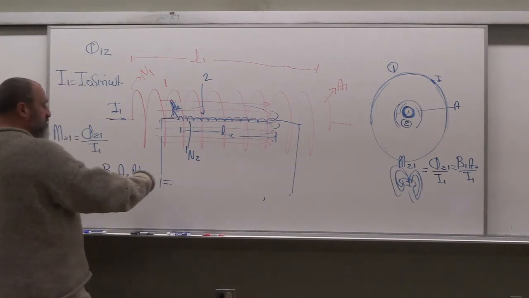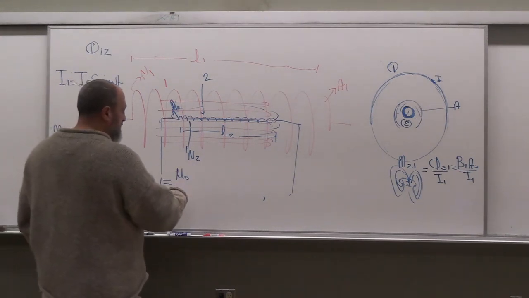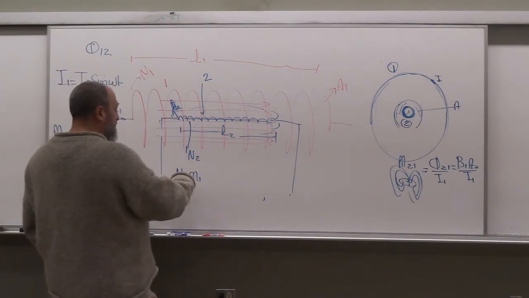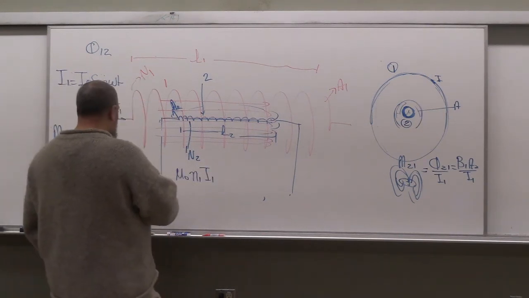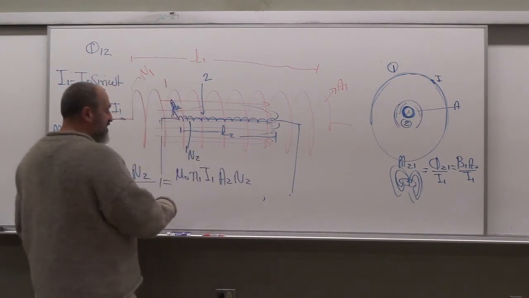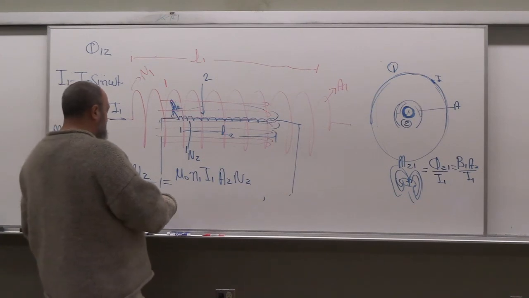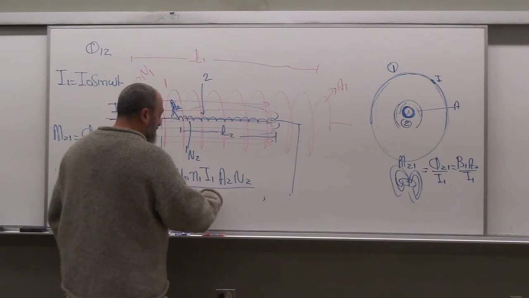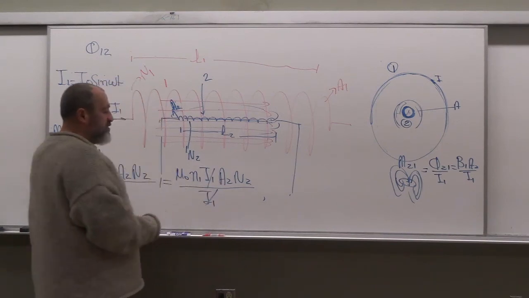B in 1 is equal to mu naught times N1 times I1, multiplied by A2, multiplied by N2, because we have flux per turn B times A. You have N2 turns, divided by I1, and that gives you the mutual inductance.